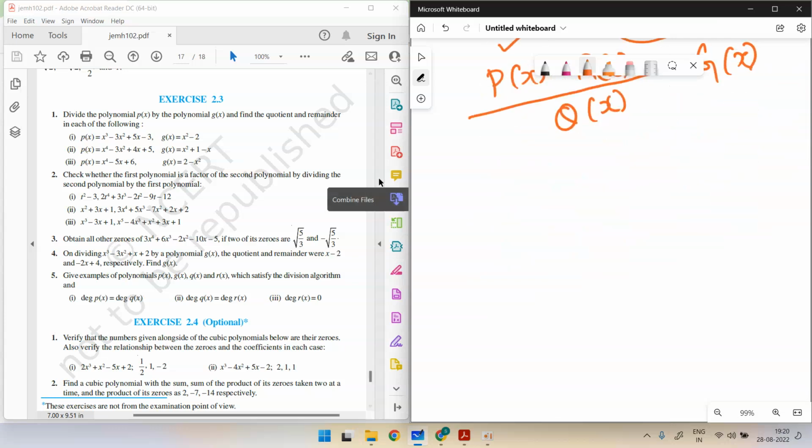I will do the same thing. The dividend is x cube minus 3x square plus x plus 2, minus, I need to subtract the remainder. The remainder is minus of x plus 4.